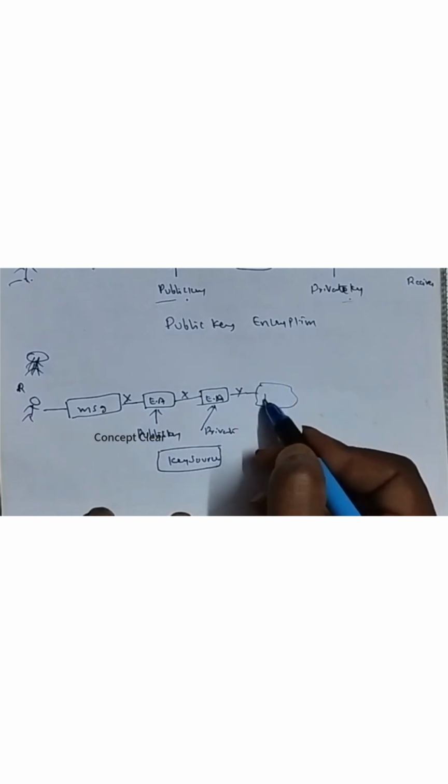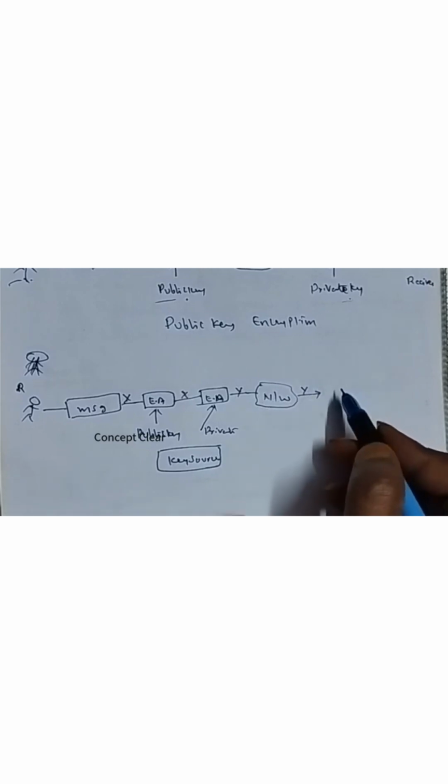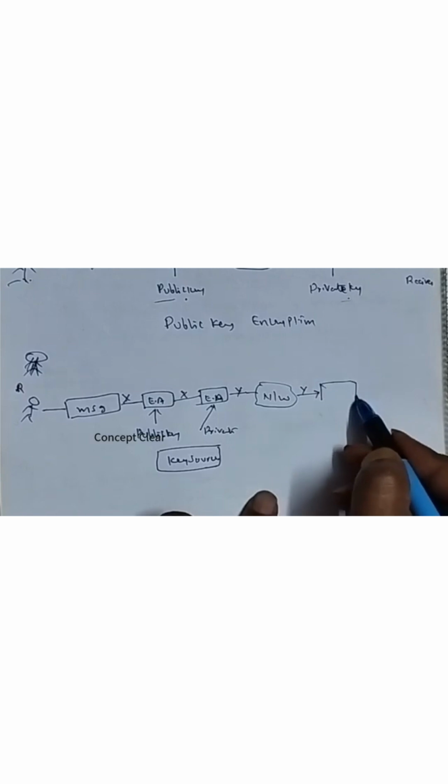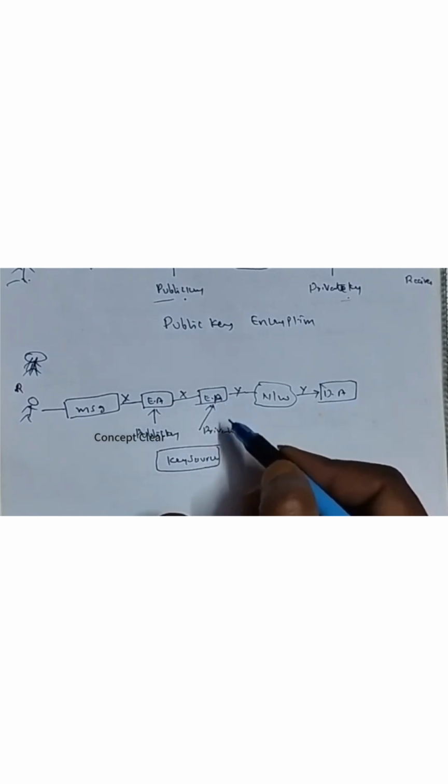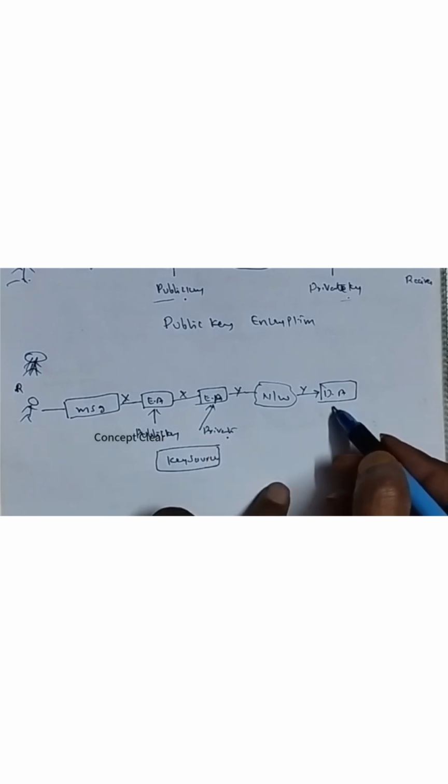This travels over the network, and at the receiver side it receives Y. So in the decryption algorithm, the first time they use the private key. Again, here is a key source.